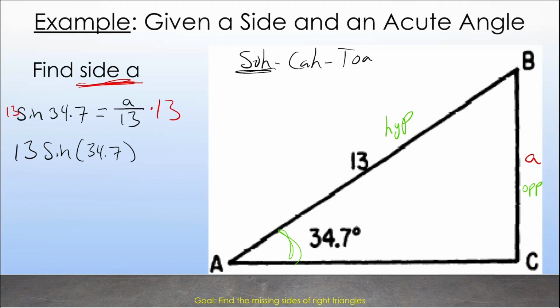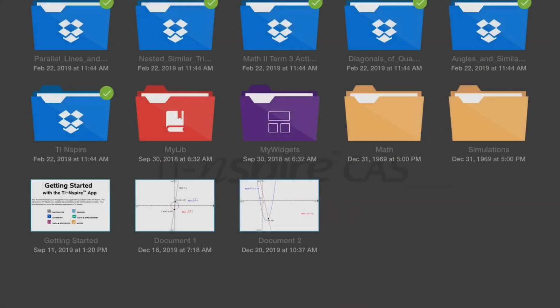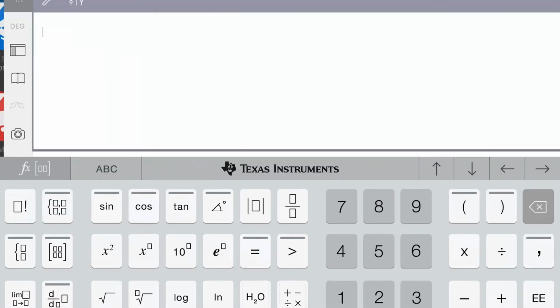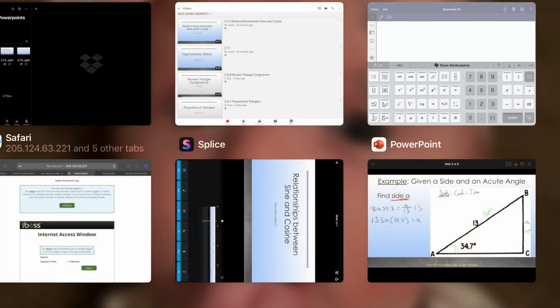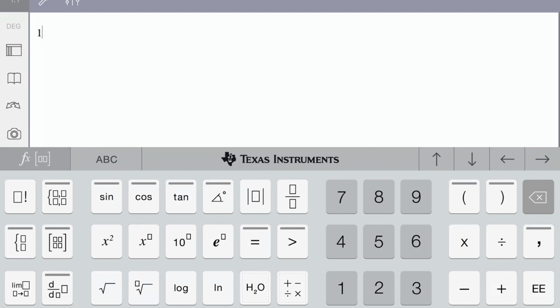Now we're going to find what that actually is in the calculator. So I'm going to pull up my calculator app here. Okay, and so we're looking for 13 sine 34.7 degrees, and hopefully I am in degree mode and not radian.